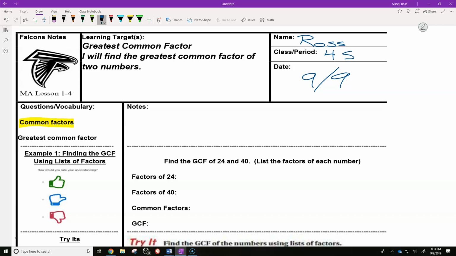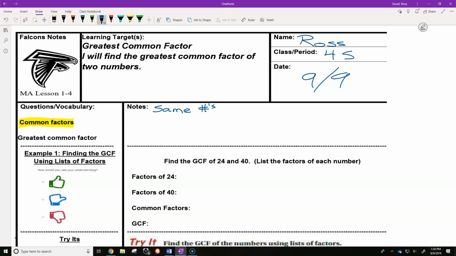Alright, the first thing we want to define are common factors. Well, we already kind of did this, right? We said factors are the same numbers. I'm going to change our definition a little from the other ones.